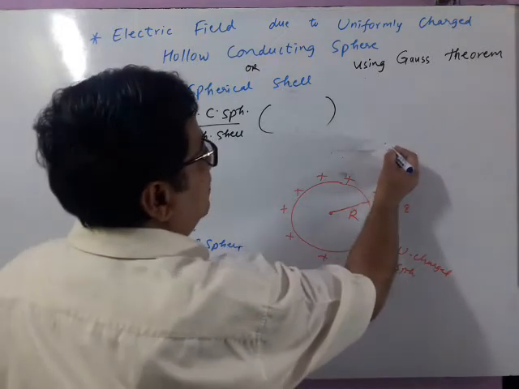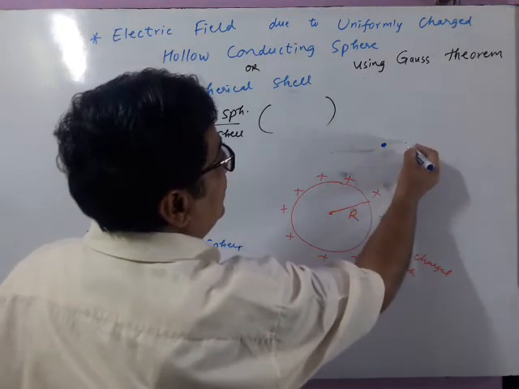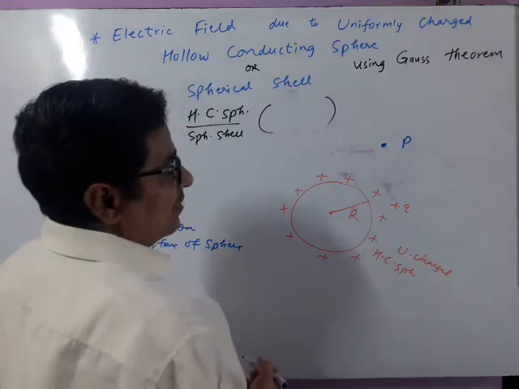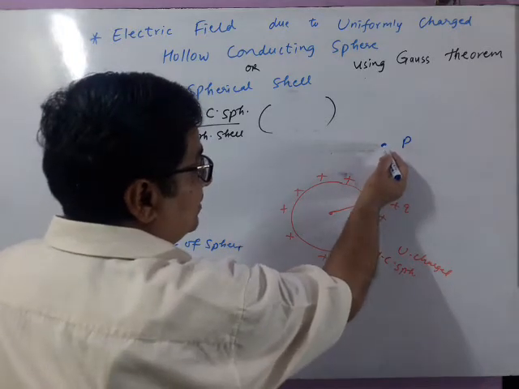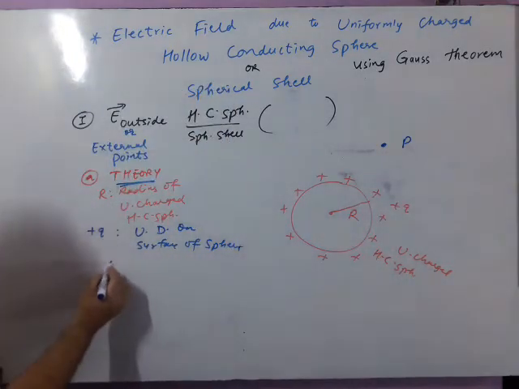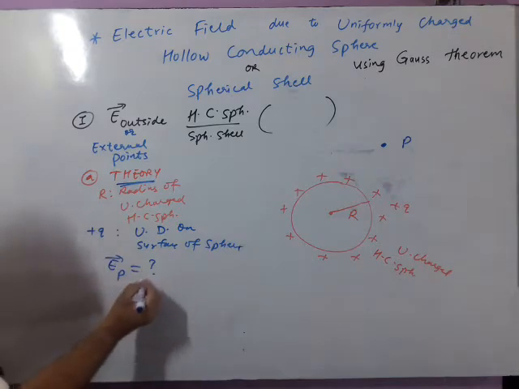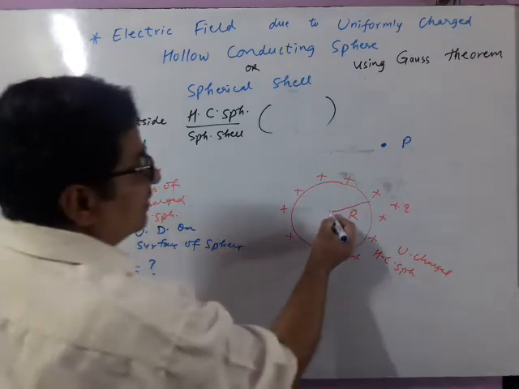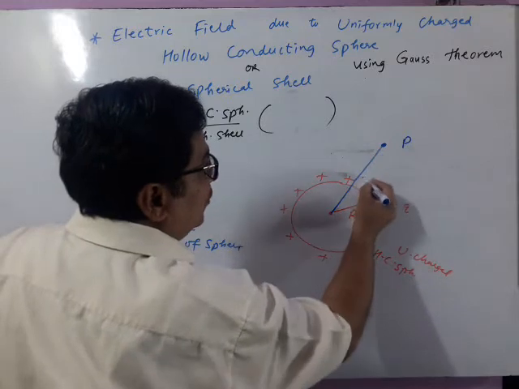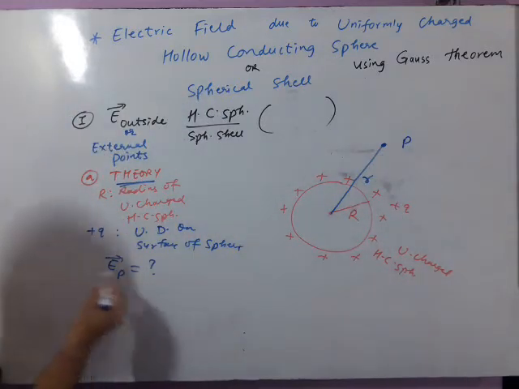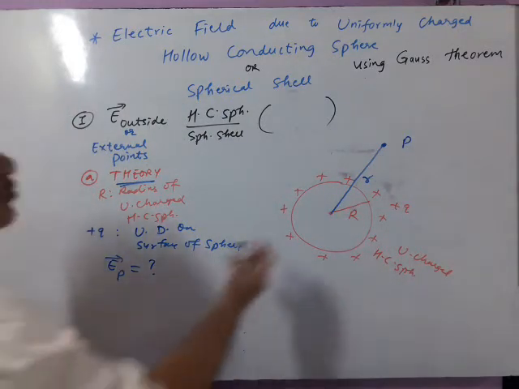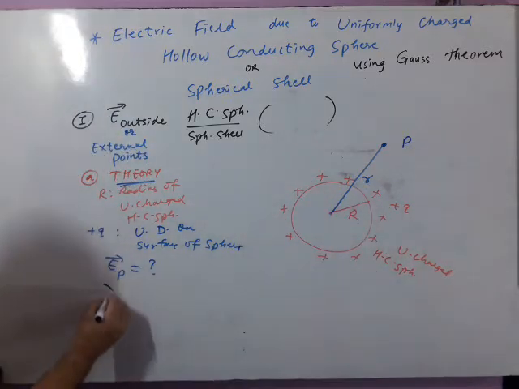See, this is some external point outside the sphere. Now, this is the point where we want to find electric field intensity. It is at a distance of small r. So, remember, it is the most important point. What is small r?